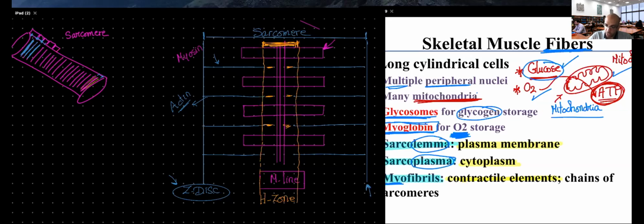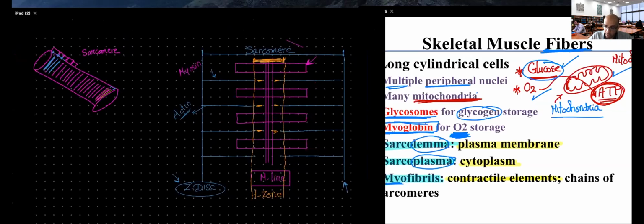All right, so again, what we're looking at here, we have alternating thick and thin filaments. Thick filaments are attached at the center by the M line. Thin filaments are attached to one another by the Z discs. The distance between two successive Z discs is going to be my sarcomere.